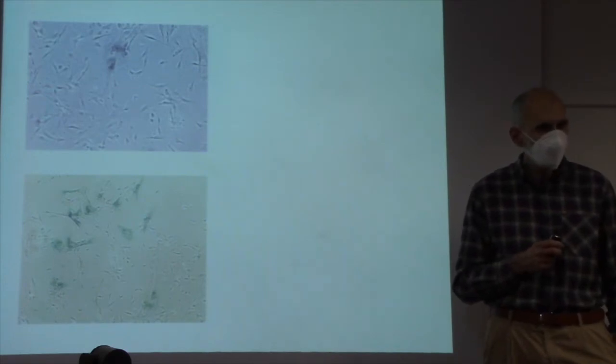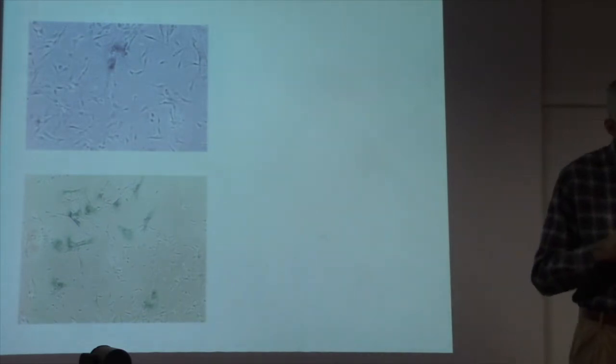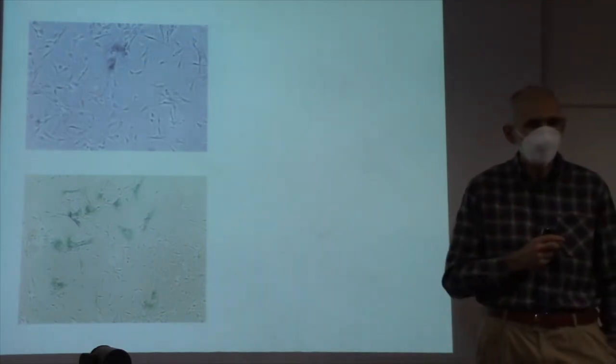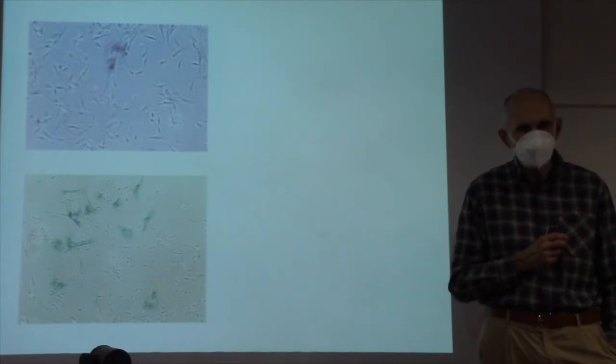Beta-galactosidase, you probably know it as an enzyme expressed by Escherichia coli, which is the prototype of gene regulation discovered by Jacob and Monod.